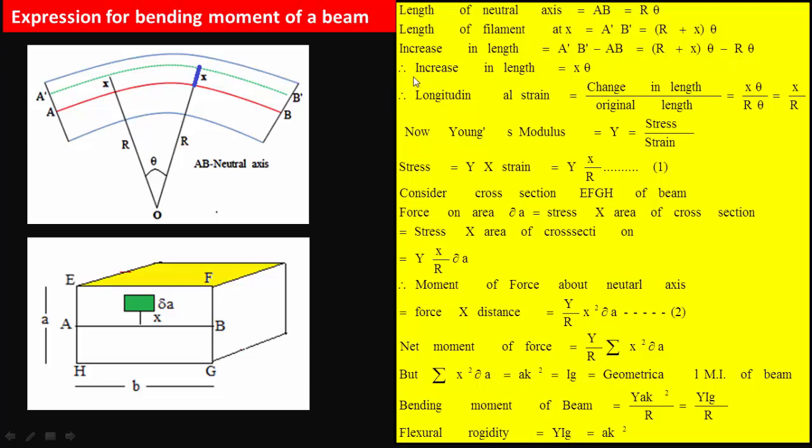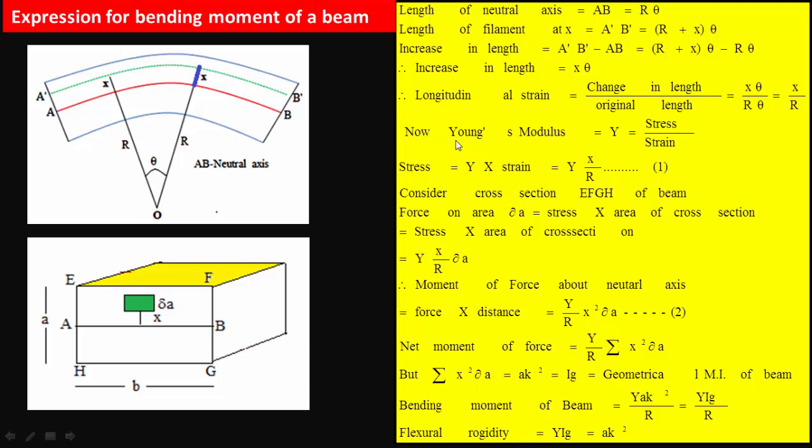Therefore, we get the increase in length equal to x into theta. Now we define the longitudinal strain, which is equal to change in length upon original length. Therefore, it is equal to x theta upon r theta, which is nothing but x upon r.